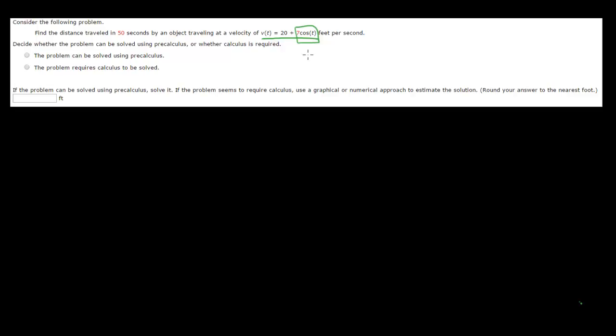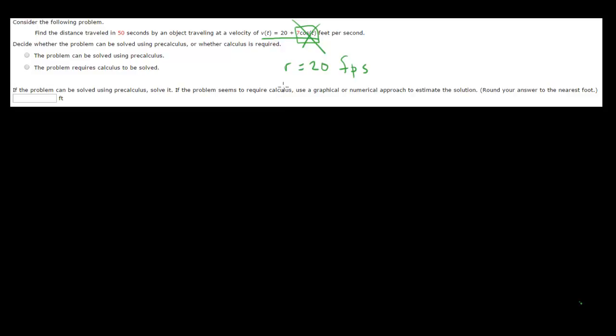But let's just forget about that. We can't get the exact answer here. We're going to use precalculus methods. So let's just call it 20. Let's say R, in this case for rate, equals 20 feet per second.